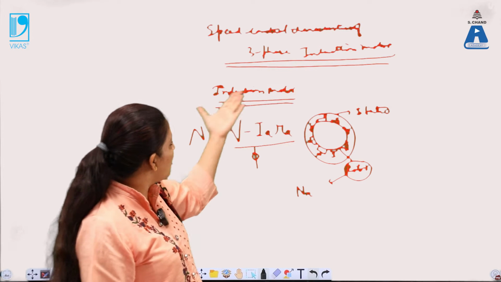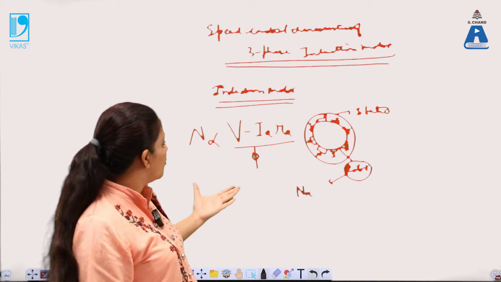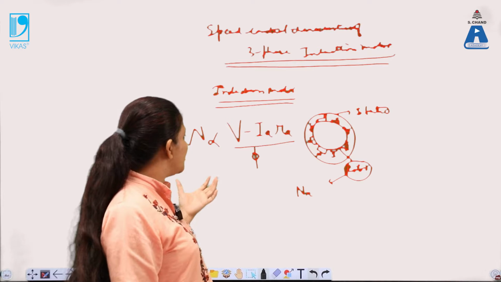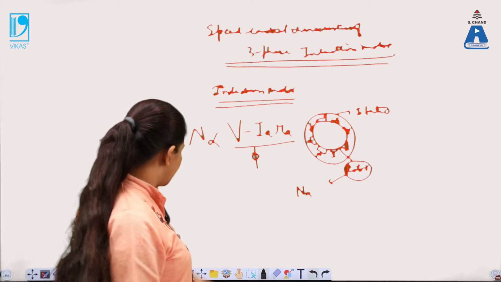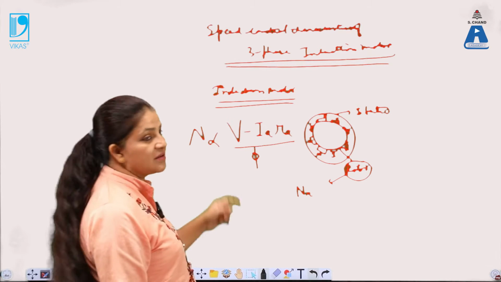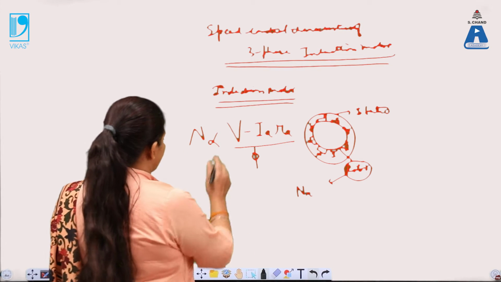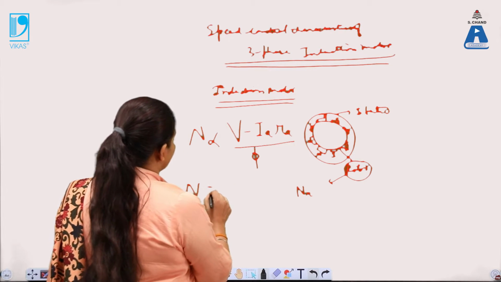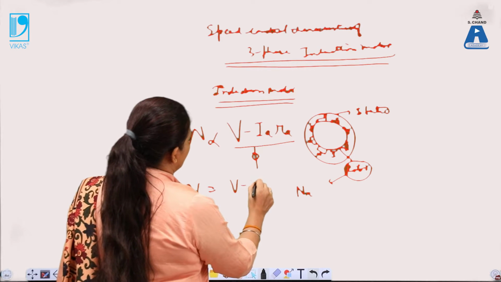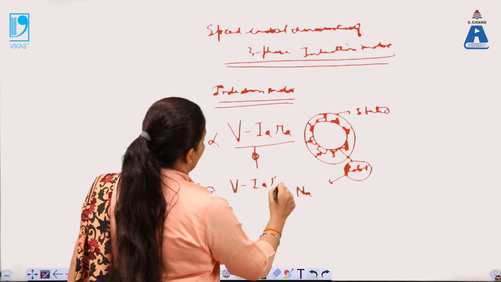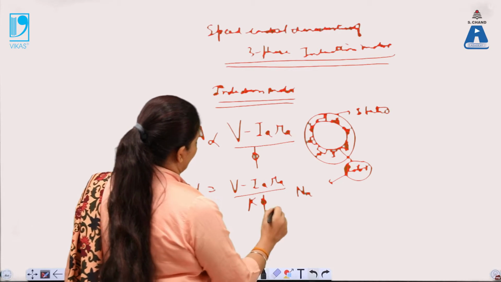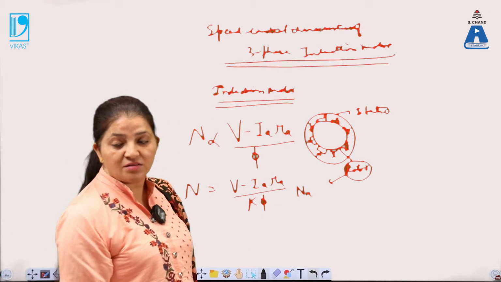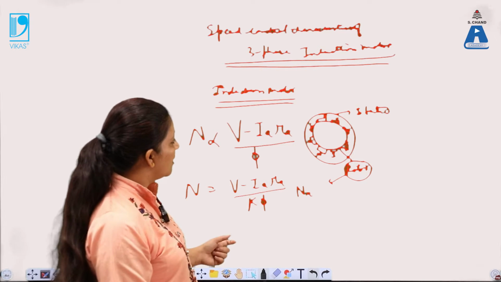Now, the speed of this three-phase induction motor can be changed by changing all these parameters. When the proportionality symbol is removed, there comes a constant. So, the speed can be given by V minus IA RA upon K into phi. What is K over here? That is the proportionality constant.